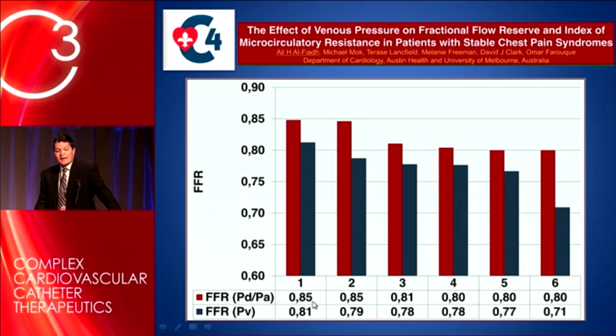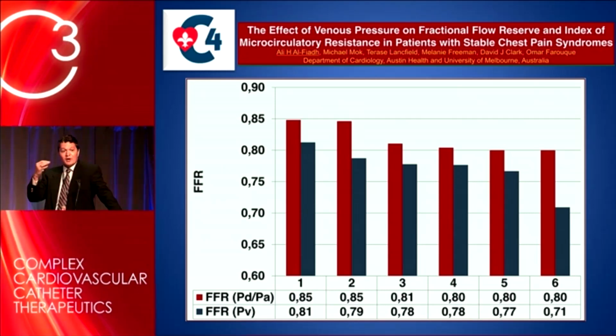When they took into account the venous pressure which occurred at hyperemia and the venous pressure at rest, and they put them into the equation of fractional flow reserve, you see that they had mild differences in their fractional flow reserve, but in all 6 of these quote-unquote borderline cases, all of these lesions fell into the hemodynamically significant range.